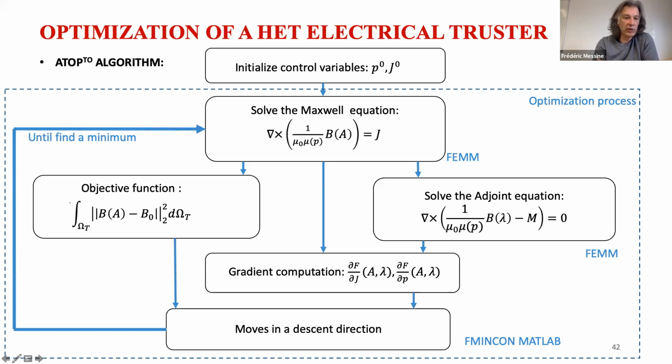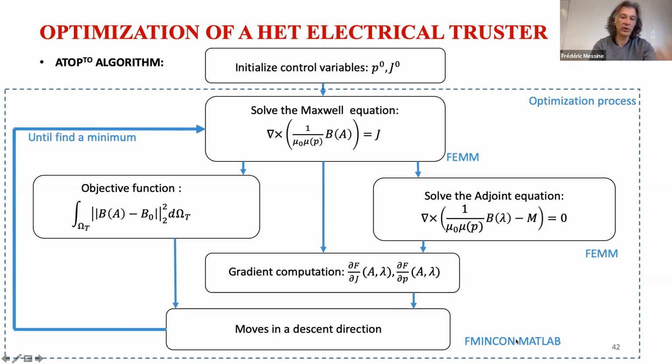You can compute with this directly the objective function, but also you can construct the adjoint equations given like this. I explained it to you just before. You can compute them, and using BA and B lambda, you can compute the gradient. And you take this gradient, you give the value of the objective function and of the gradient, and you take a local descent algorithm.